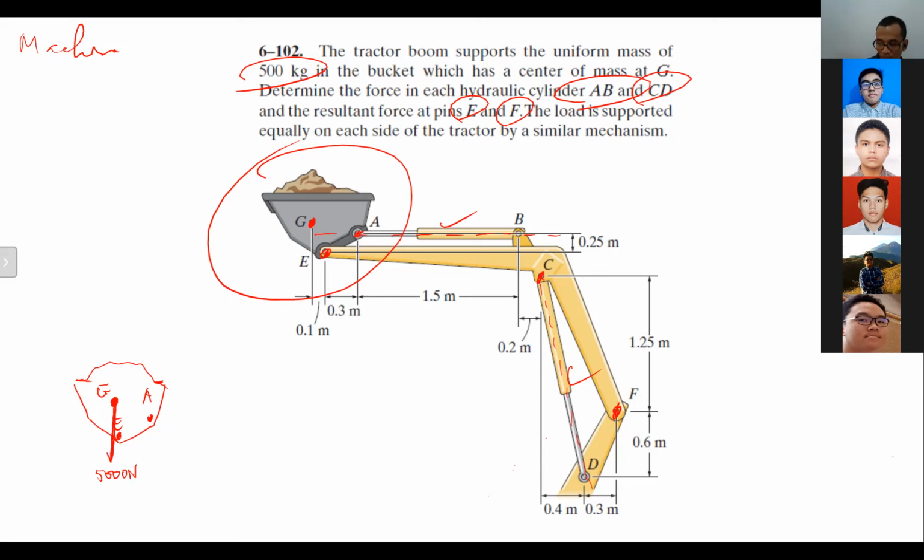You have to complete the dimensions in your free body diagram drawings, but I will not draw them here. At point A and point E, what I want to know is the direction of the forces at point E and the direction of the forces at point A.